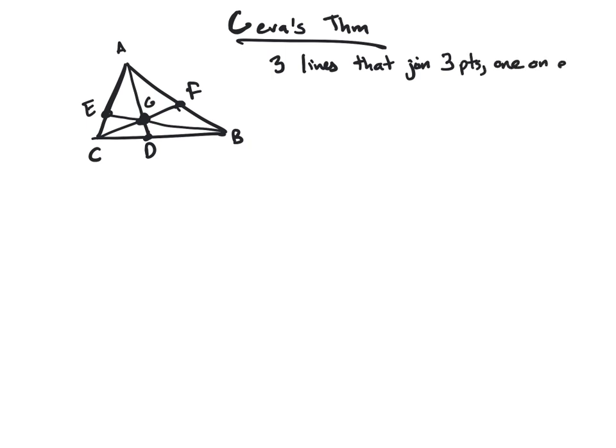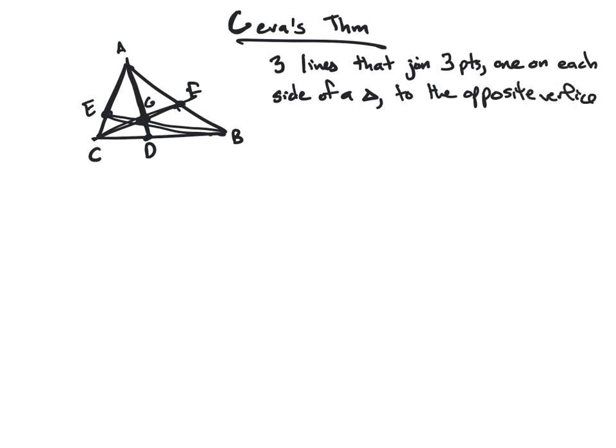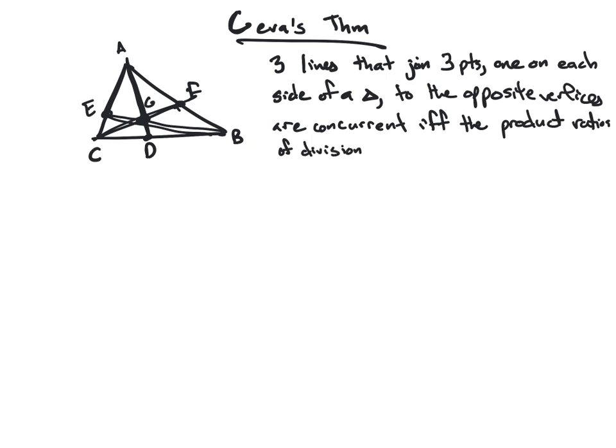So Ceva's theorem says three lines that join three points, one on each side of a triangle, to the opposite vertices, just like we're talking about D, E and F here, they join the opposite vertices A, B, and C, these three lines are concurrent, which means they meet at a single point, if and only if the product of the ratios of division of the sides is 1.